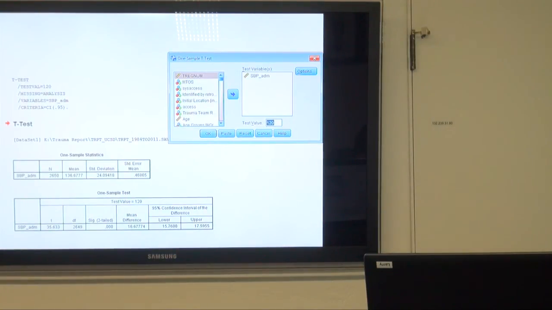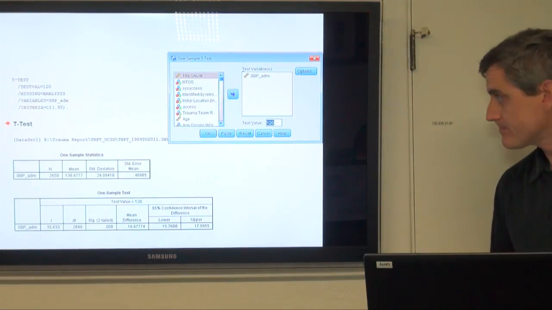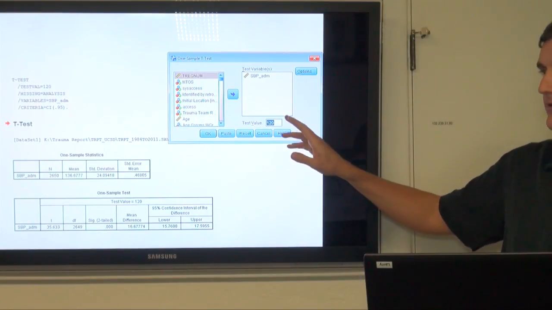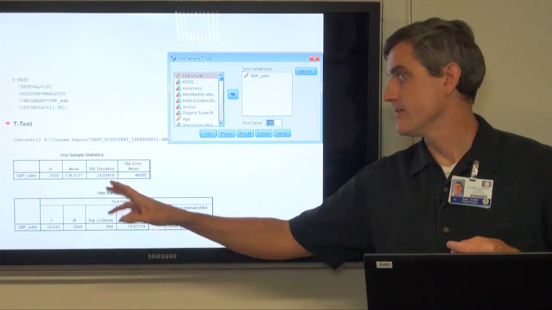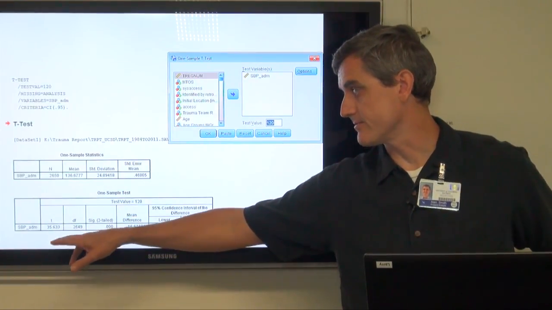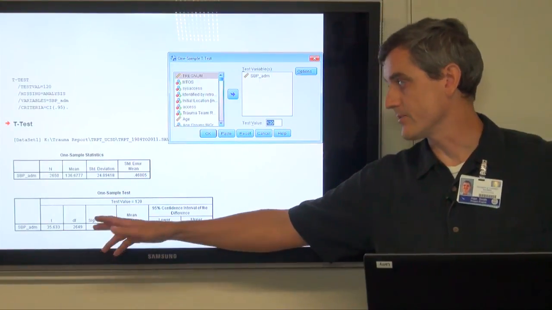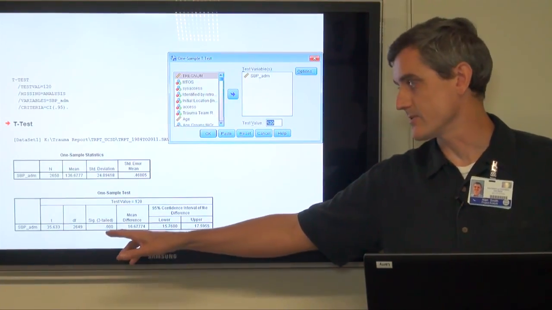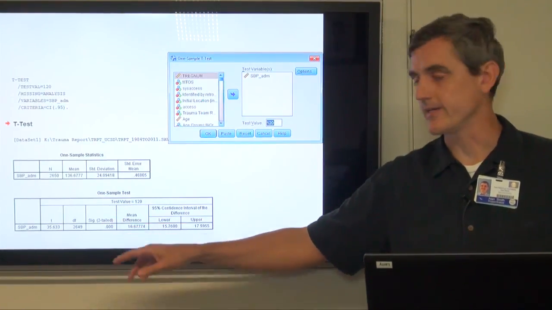Using that same one sample t-test function from SPSS, all I'm doing here is just putting 120 as the test value. That returns this value, so it returns the actual t-value with the number of degrees of freedom and significance. If you see significance 0.000, that's the p-value right there.